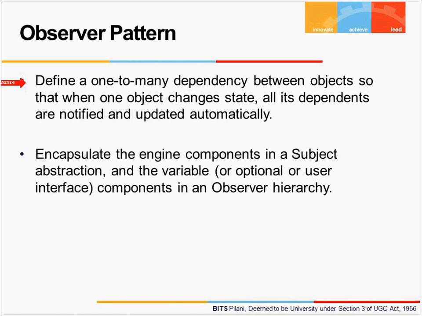They attach themselves to the subject or observable. When the state of the subject changes, the observers which are attached to the subject have to be notified so that they can be updated automatically.